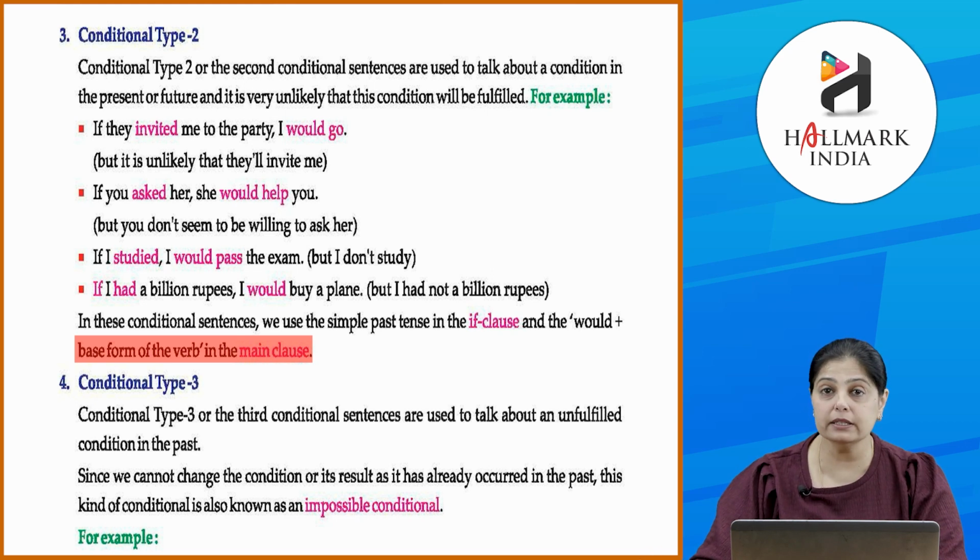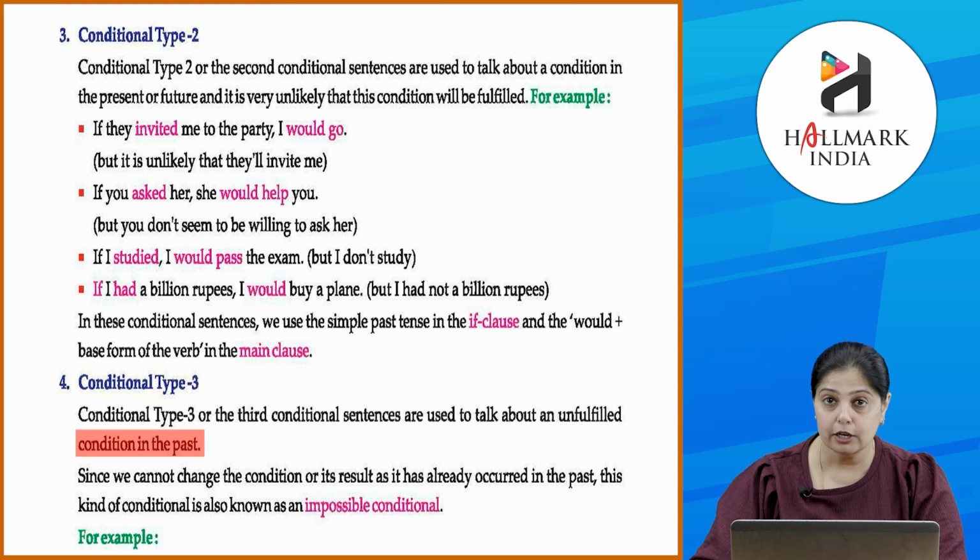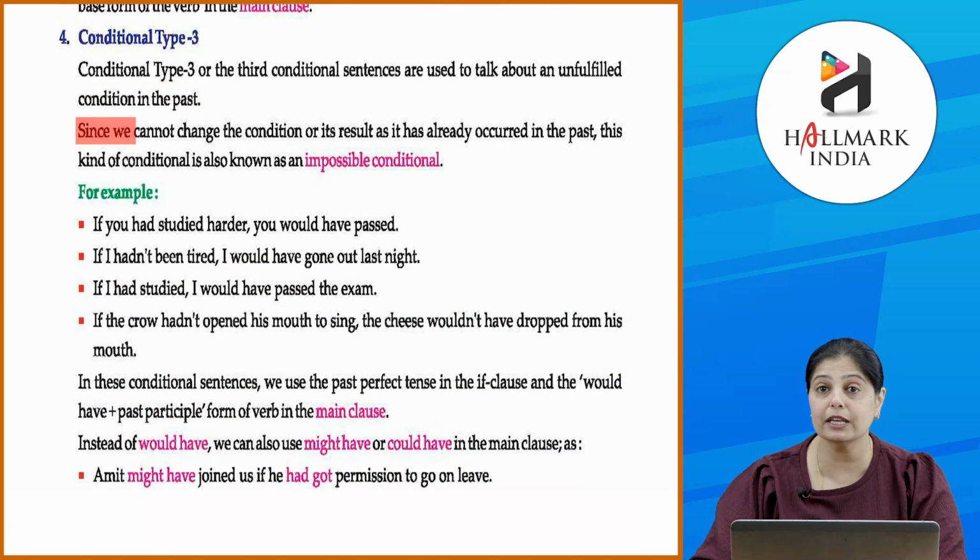Now the next one is conditional type 3. Conditional type 3 or the third conditional sentences are used to talk about an unfulfilled condition in the past. जो condition past में fulfill नहीं हुई है उसके बारे में बोलते हैं conditional type 3. Okay, since we cannot change the condition and its result as it has already occurred in the past.